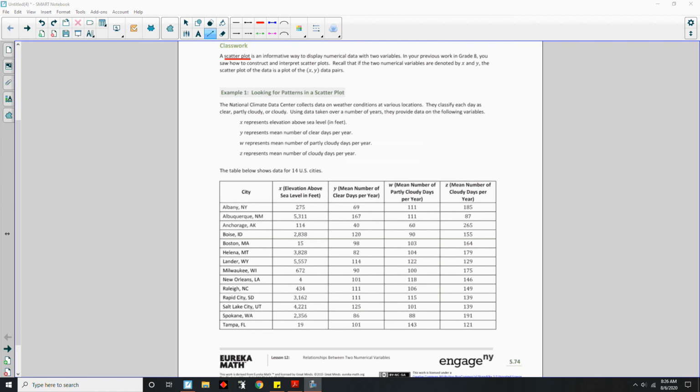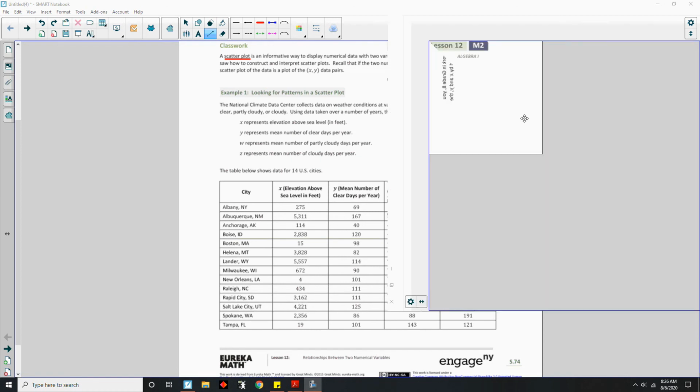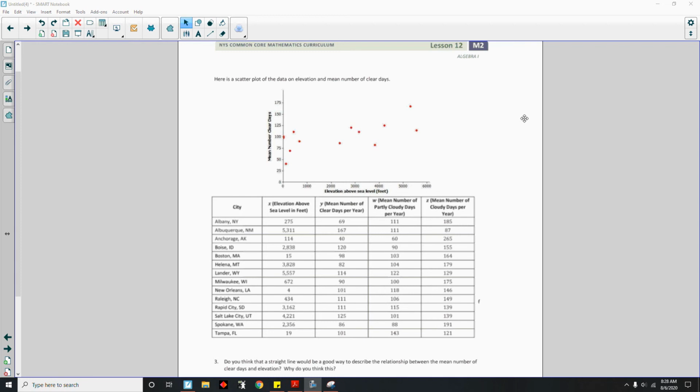Okay, so here's the table that we're going to use in this lesson, and it shows data for 14 U.S. cities. Here's page 2, and a scatter plot of the data on elevation and mean number of clear days. If we're talking about elevation, we are using the variable x, and then the y over here is mean number of clear days.